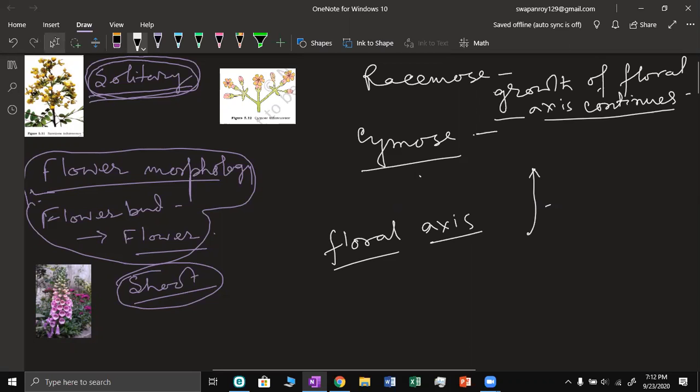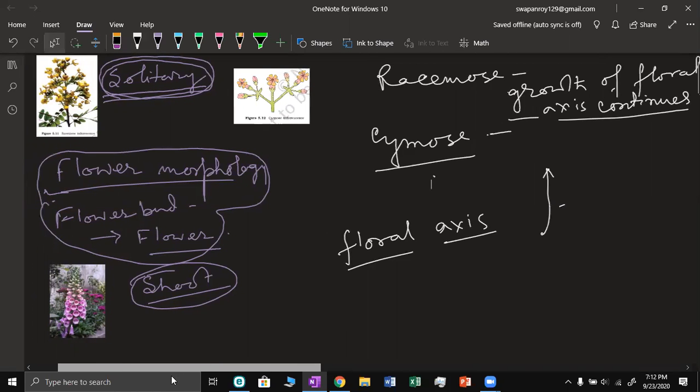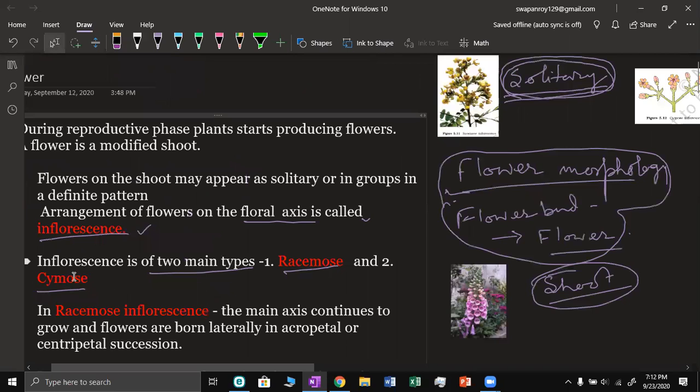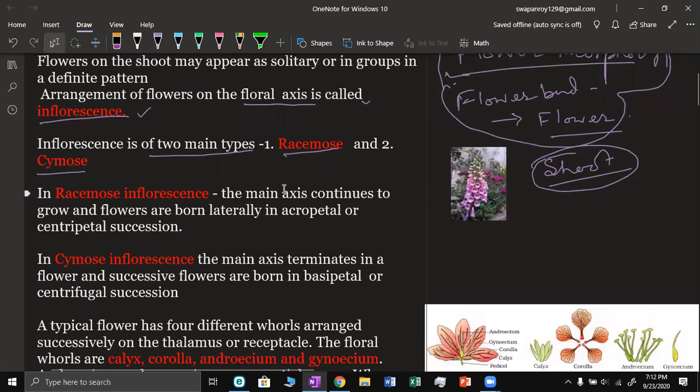In racemose inflorescence, the main axis continues to grow, and the flowers which are born laterally are in acropetal succession. What is acropetal succession?